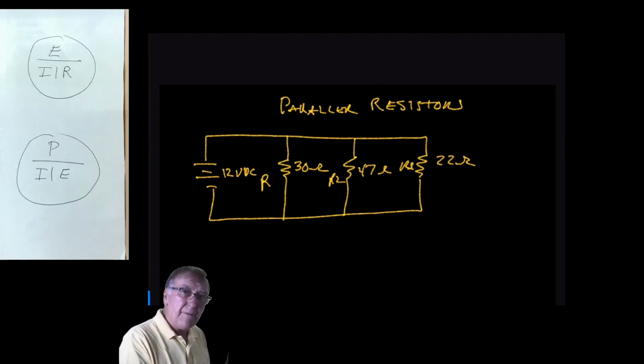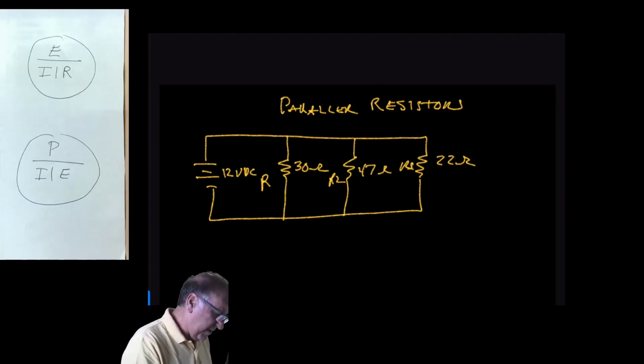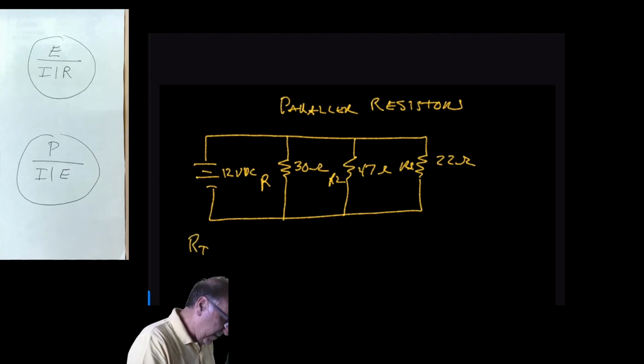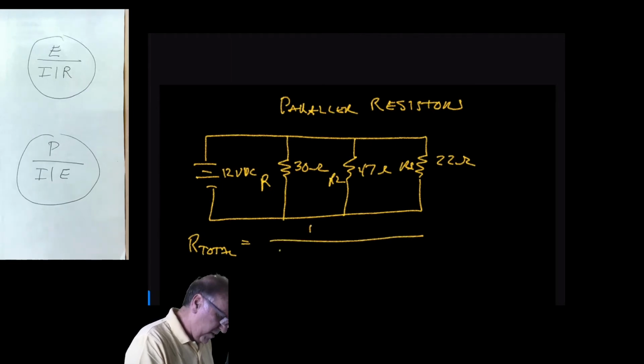So in the case of a parallel configuration like you see here, the R total is equal to 1 over R1 plus 1 over R2 plus up to 1 over Rn.